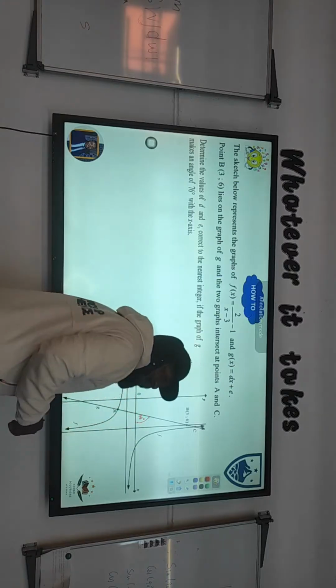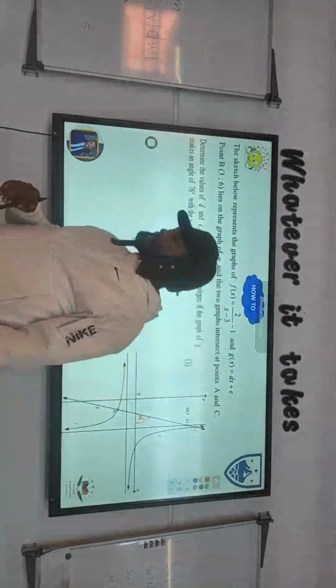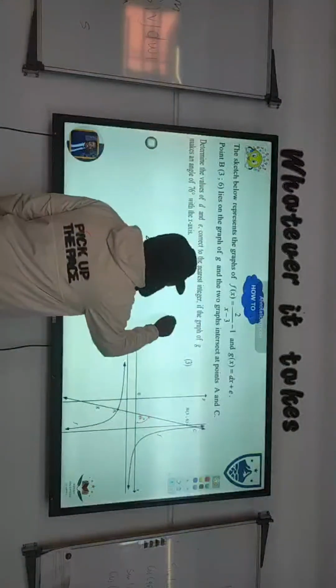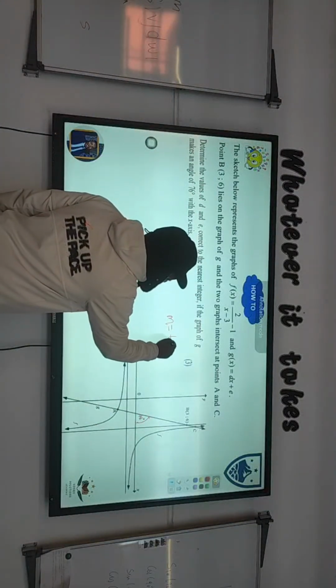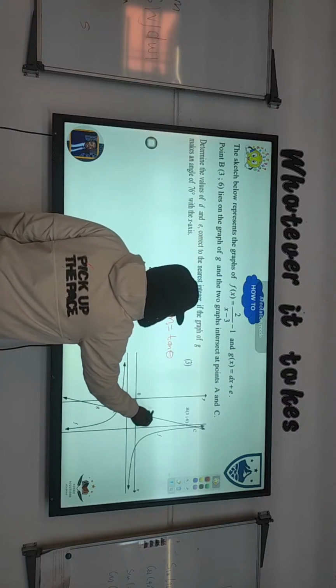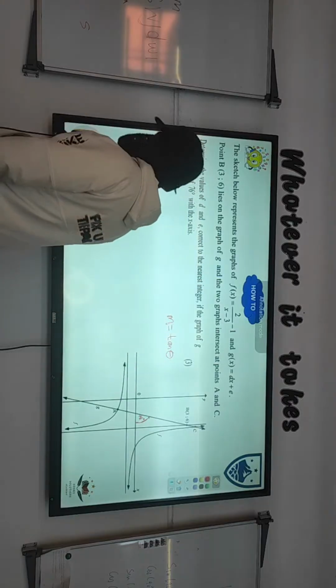Maths is maths, so they're bringing analytical geometry into this, and this is now becoming our angle of inclination, where m will be equal to the tan of theta. This is our angle of inclination because it's making it with the x-axis.